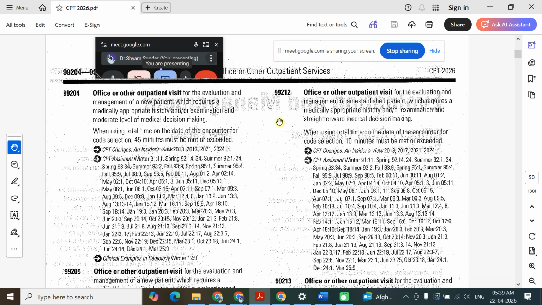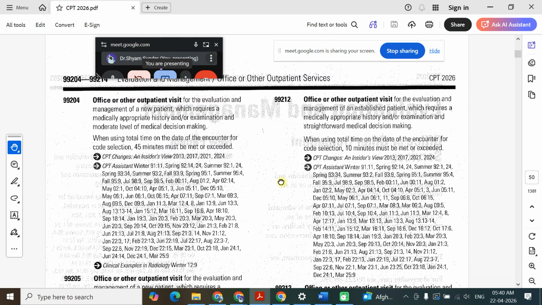But here we are talking about coding for the purpose of reimbursement from the payer. Now, for example, it's a simple problem and the patient is an established patient.